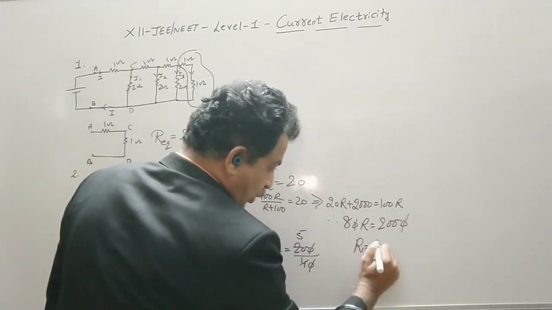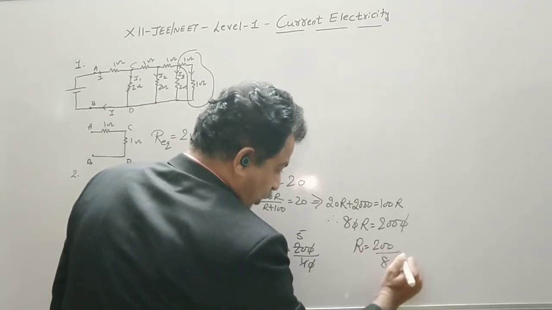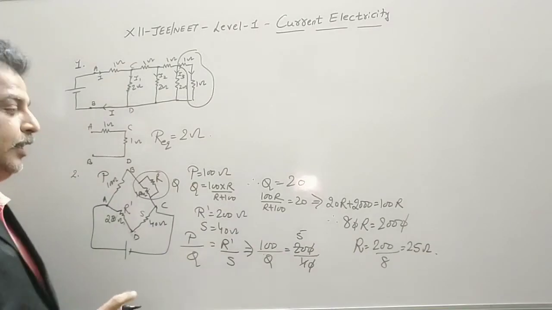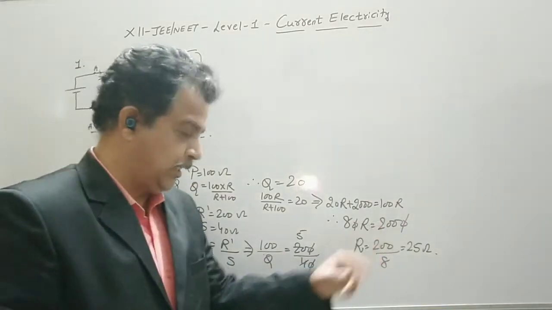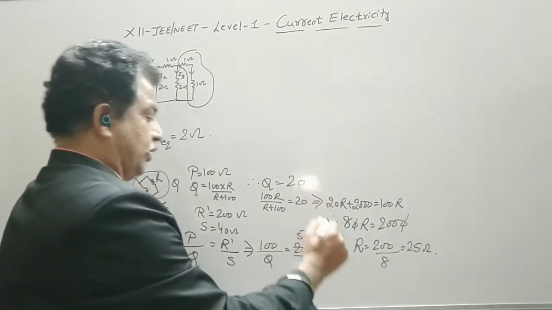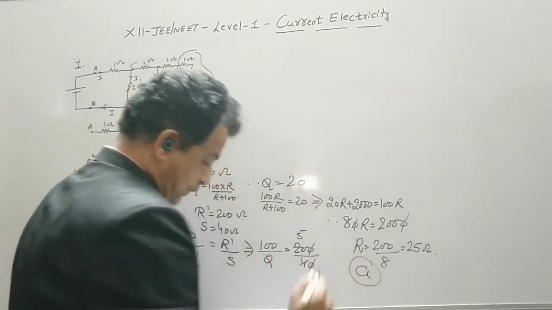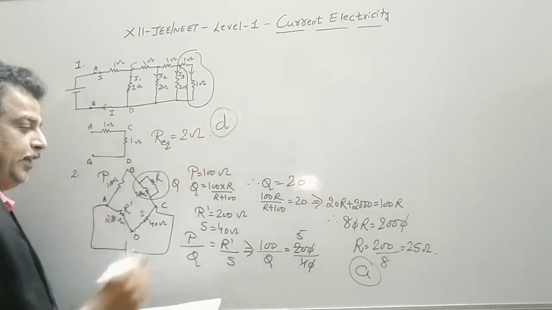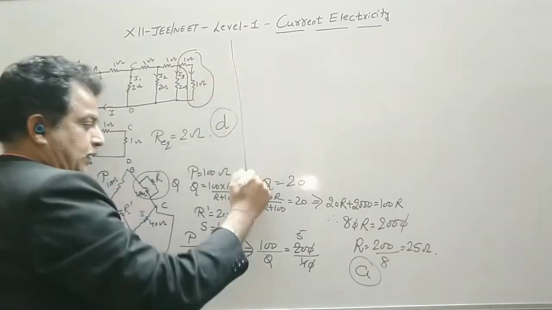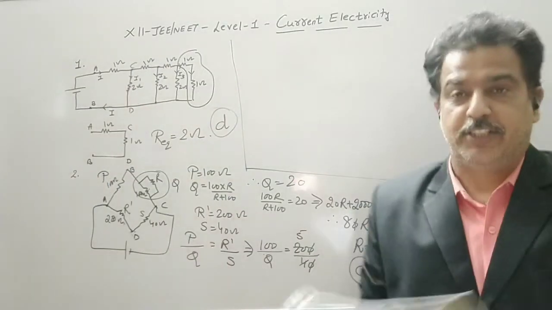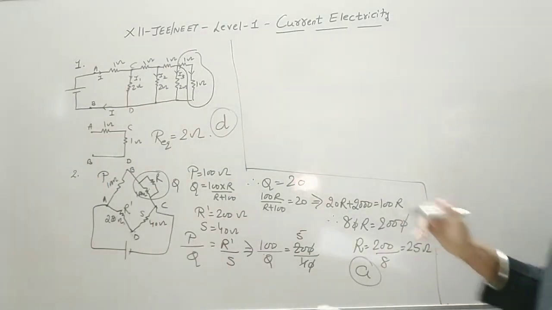So R is equal to 200 upon 8, that is 25 ohms. Okay, so the option for this is A, and the option for the previous question was D. So this is a direct application.